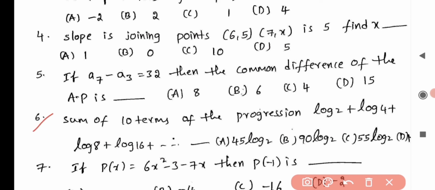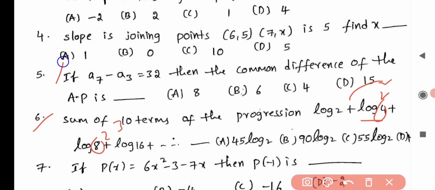Next, sixth one. Sum of 10 terms of the progression log 2 plus log 4 plus log 8 plus log 16 and so on. So total 10 terms. First one is log 2. Next, log 4. 4 means 2 square, so 2 log 2. Then 8 means 2 cube, so 3 log 2.